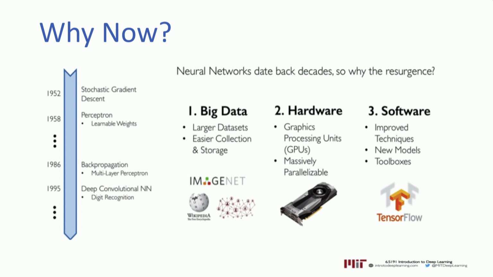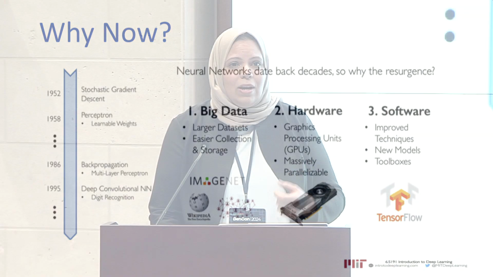This has been happening now and not in 1958 when the perceptron or artificial neuron was first introduced, because of three main reasons. The first reason is we did not really have big data at the time. The first large-scale data set that was introduced could be ImageNet or Wikipedia, right? Social media networks. ImageNet was proposed in 2007. That's way after the perceptron was proposed.